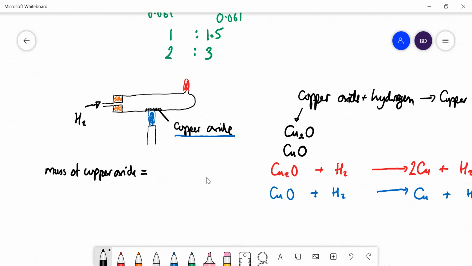You remove the oxygen and it's reduced to copper. So you have to weigh the tube first, put in your copper oxide, find out the mass of copper oxide by subtraction, then weigh the tube at the end of the experiment, subtract the mass of the empty tube, and that will give you the mass of copper metal.